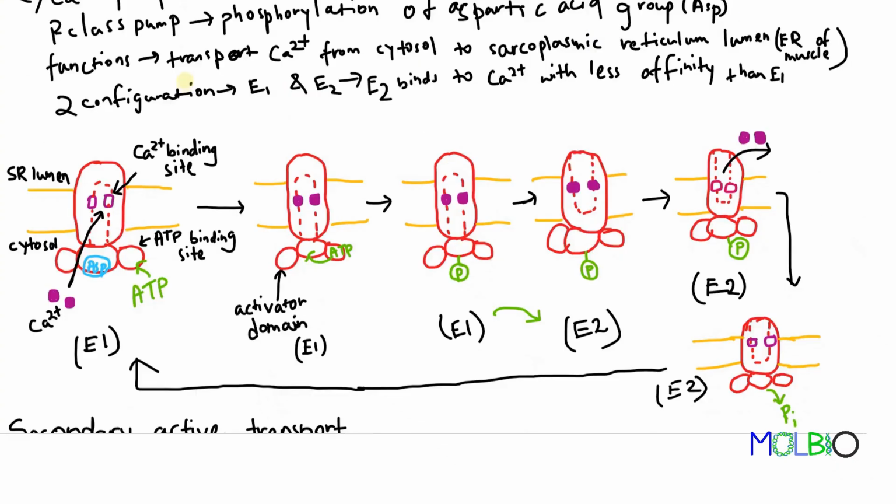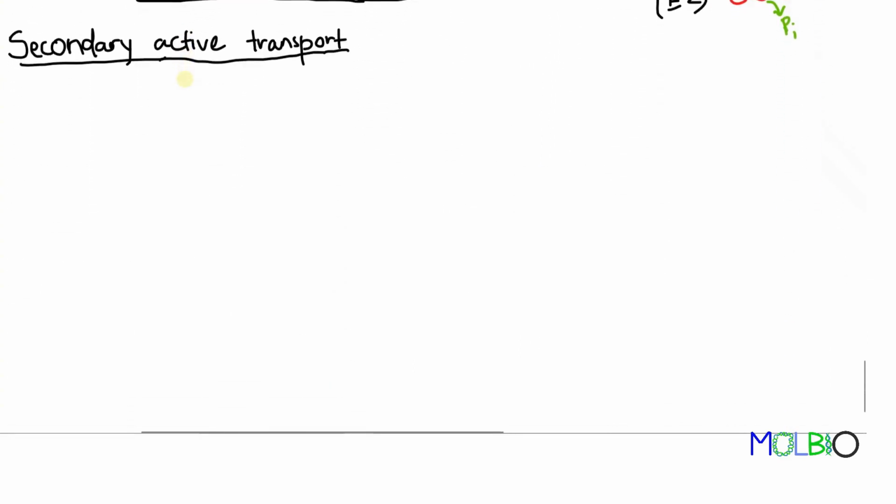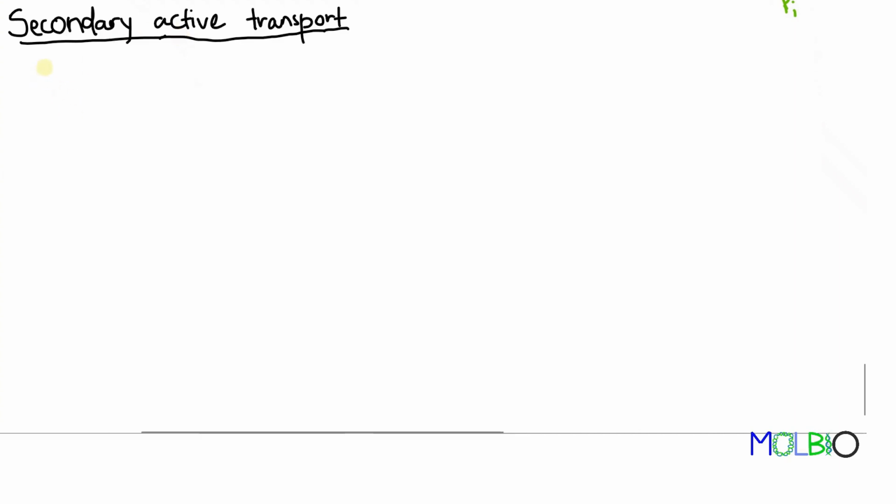After looking at the calcium pump, let us look at something called secondary active transport. Now, as you saw, in the sodium potassium pump or calcium pump, energy is used to transport something. However, in secondary active transport, the molecule is transported across the membrane by using energy obtained from the flow of a molecule across its concentration gradient.